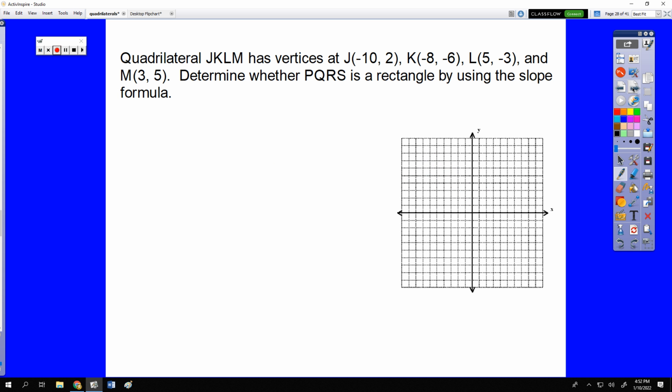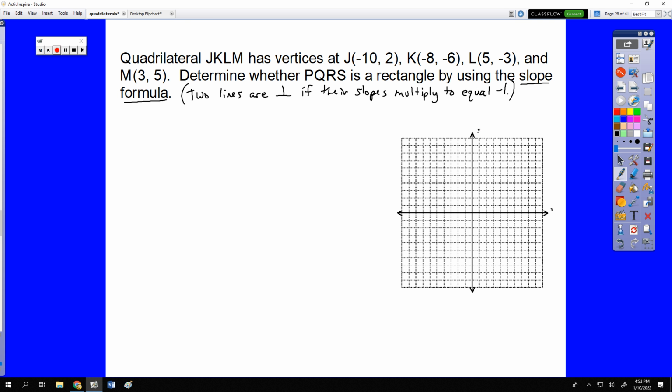All right, our last slide then for today is another one of these questions, only this time it asks us to use the slope formula. Remember that two lines are perpendicular if their slopes are negative reciprocals, meaning they multiply to equal -1.